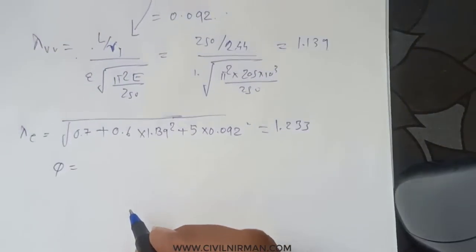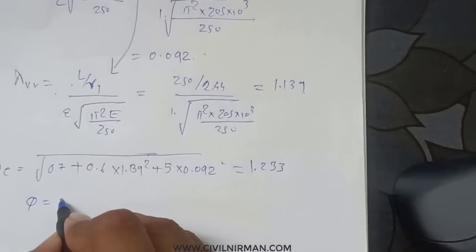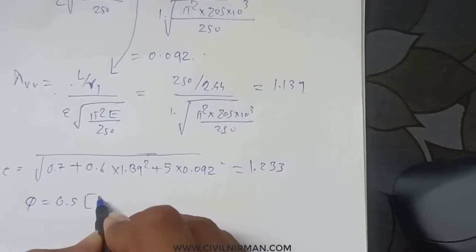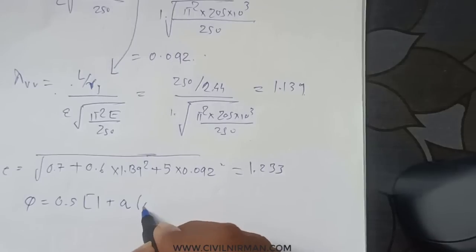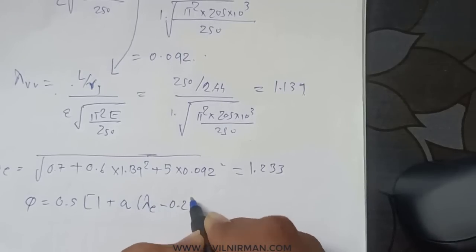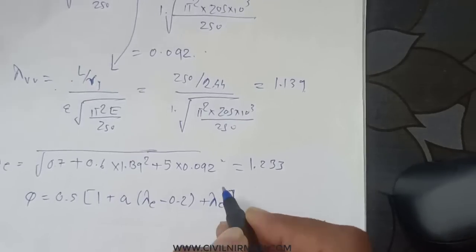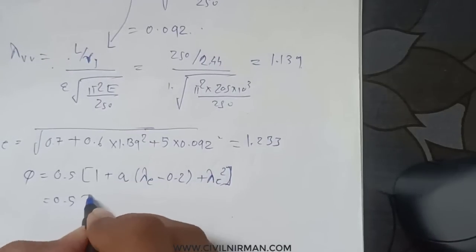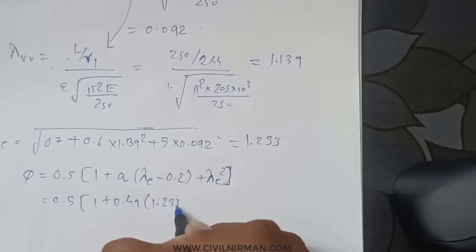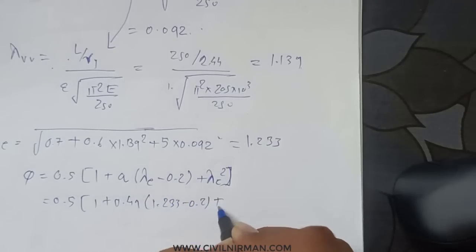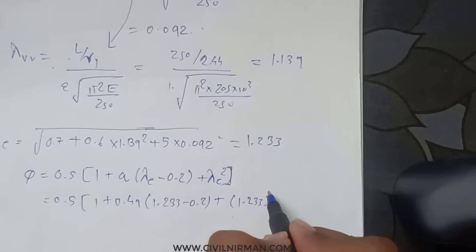I'll work out the phi value again. So the phi value I'm getting is 0.5 (1 + α...). That's our equation, and we need to put those values over here. So 0.5 (1 + 0.49 (1.233 − 0.2) + 1.233²), that we have already got.